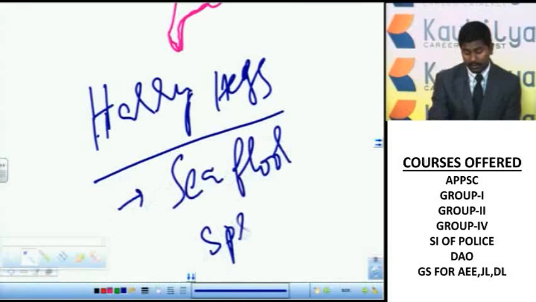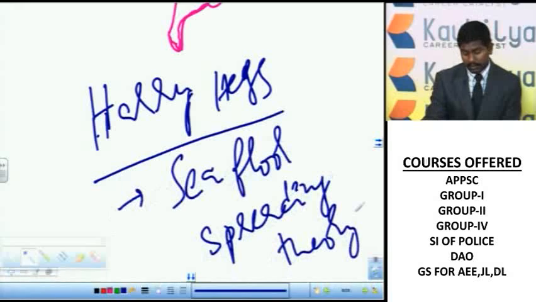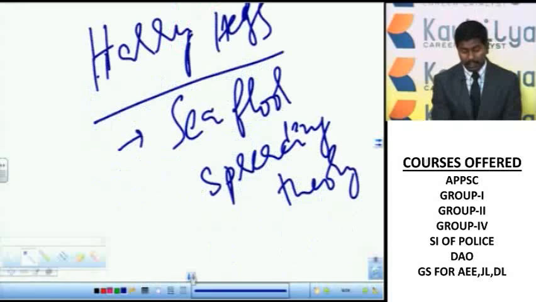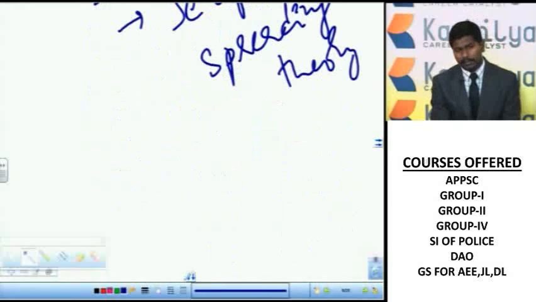Here Harry Hess also could not explain the drifting of the continents completely, but he could overcome, to some extent, the demerits of the continental drift theory.